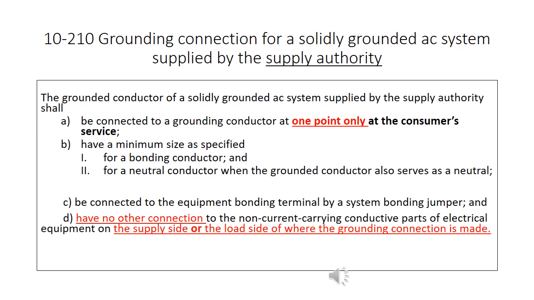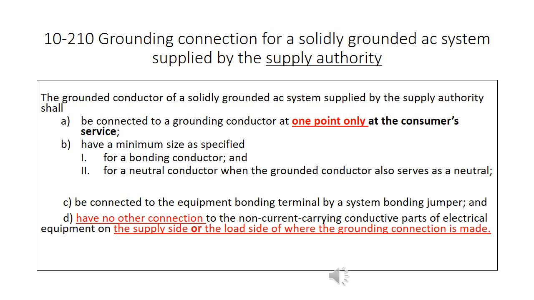10-210, grounding connection for a solidly grounded AC system supplied by the supply authority. The grounded conductor of a solidly grounded AC system supplied by the supply authority shall A. be connected to a grounding conductor at one point only at the consumer service. Subrule B. have a minimum size as specified in Subrule 1 for a bonding conductor. 2.